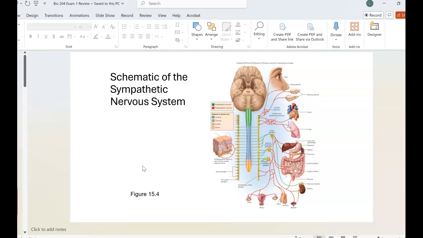You don't want to be living 30 miles away. The other characteristic that you can see is that the postganglionic fibers are much longer, and there's also a little more divergent. So you can see that if we're in this fight or flight, it's all hands on deck. So you can see where these neurons are talking to a lot of the areas. So it's all hands on deck, making sure that we can get out of harm's way.